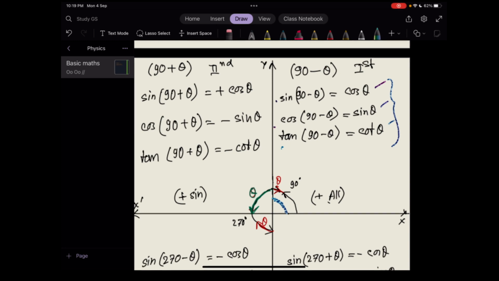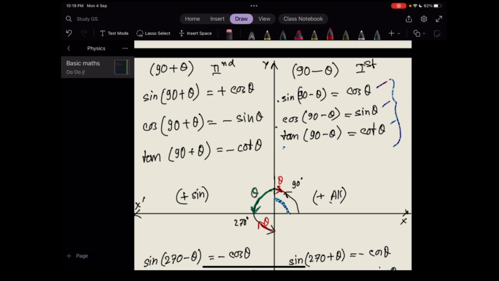Now let's move into the second quadrant, this one here. Sine 90 plus theta, I'm getting cos theta. Now here only sine is positive, so the value of sine must be positive.